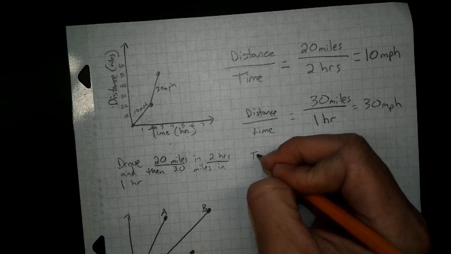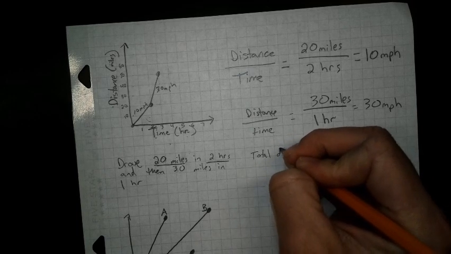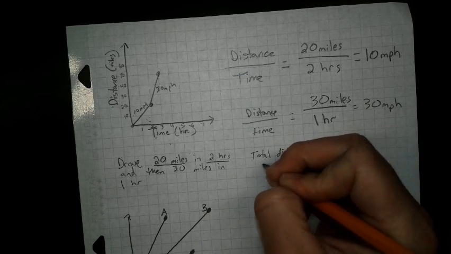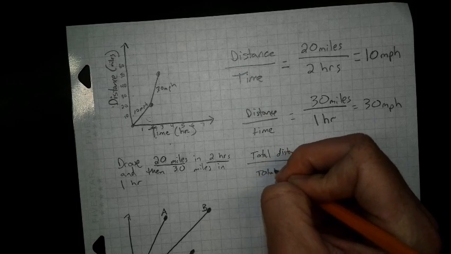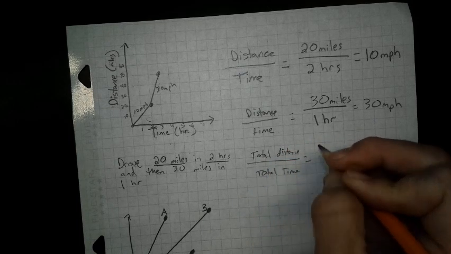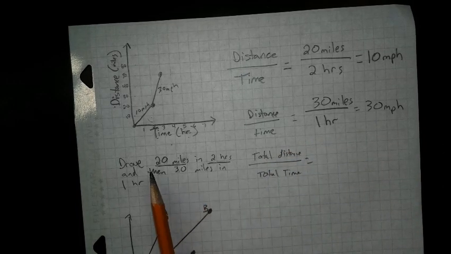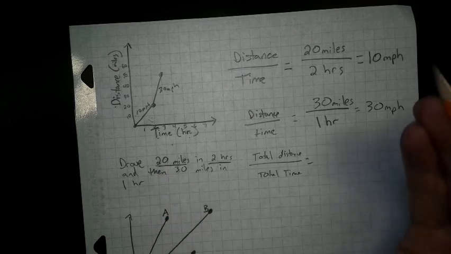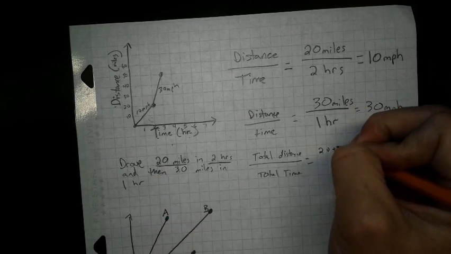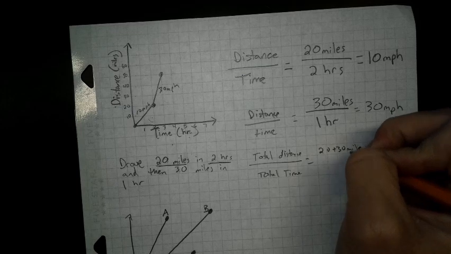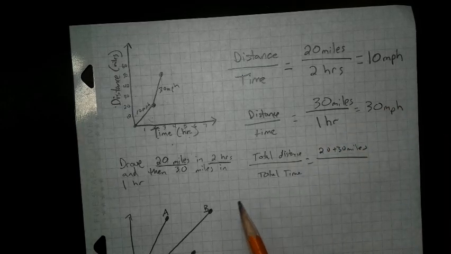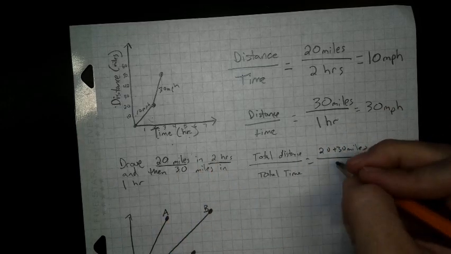So now I'm going to do the total distance divided by total time, and let's find out. Our total distance was 20 miles and 30 miles, so 20 plus 30 miles, and our total time was 2 hours and 1 hour, so 3 hours.